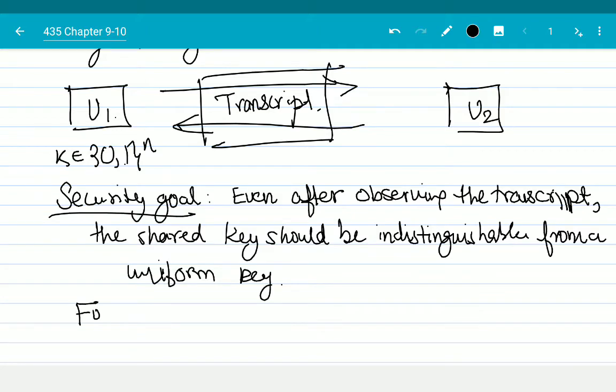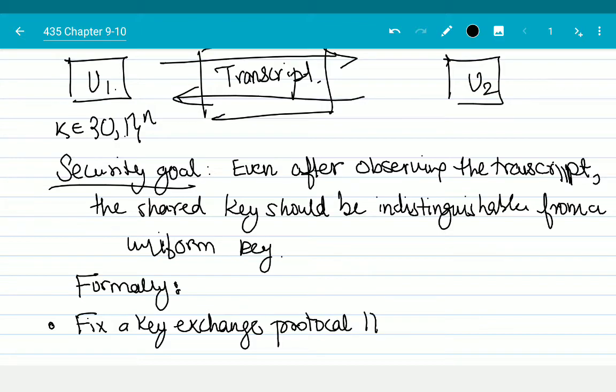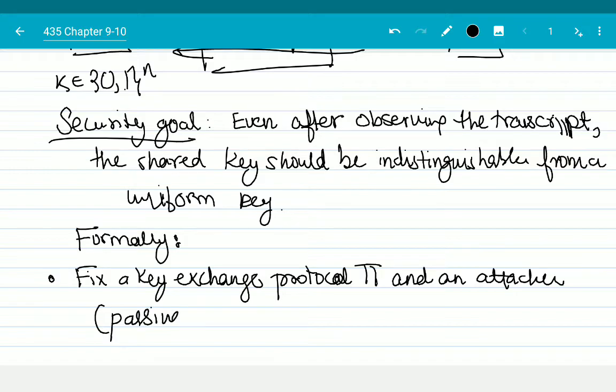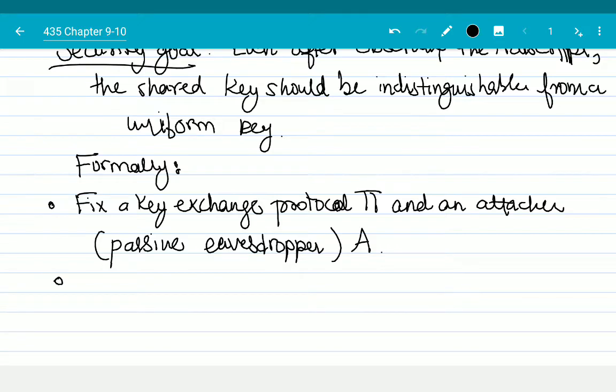Formally, fix a key exchange protocol pi and an attacker who is a passive eavesdropper A. And you'll soon realize why you only need a passive eavesdropper rather than anyone who can do any sorts of attacks, because we are sending data unencrypted initially.